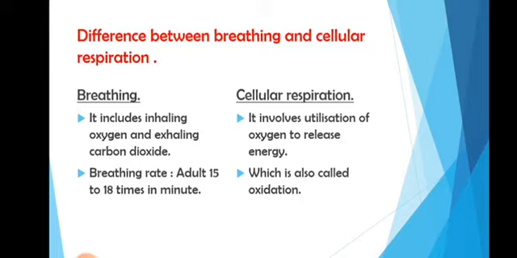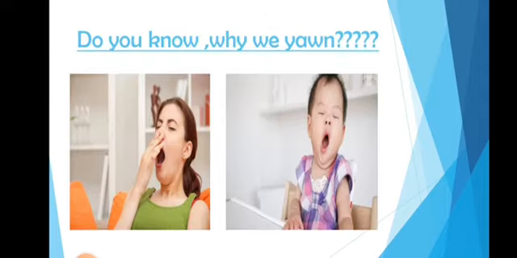Whereas in cellular respiration, oxidation is involved because here glucose is broken down with the help of oxygen. So no energy is released during breathing, whereas we can say that breathing is a part of cellular respiration which is used by the body to produce ATPs, that is energy currency of the cell.